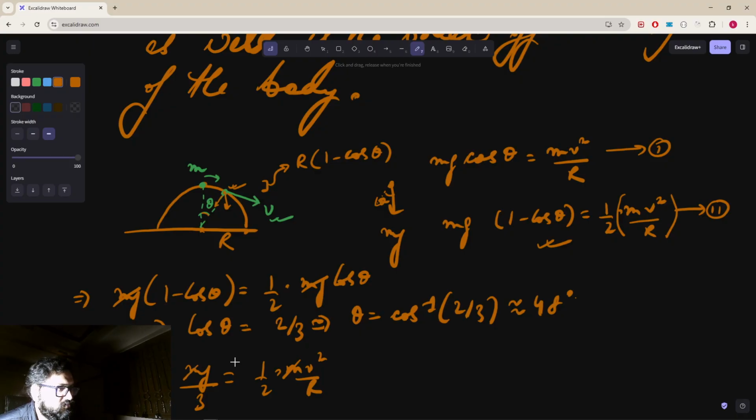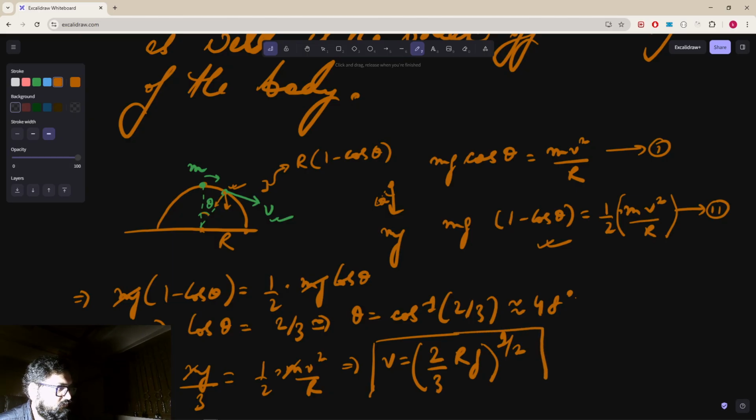M gets cancelled on both the sides, which gives me the value of v as (2 by 3 times r g) to the power 1 by 2. This is what the velocity of the body is going to be when it leaves the sphere.